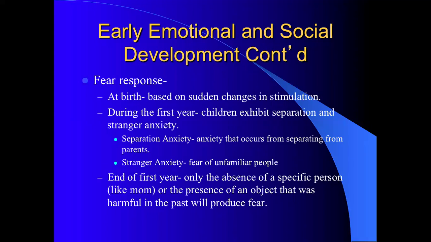So, stranger anxiety might occur when a coworker comes over to the house and the infant hasn't seen this coworker, so they might be triggered with some kind of anxiety response. The good news is it usually goes away by 2 years old, right? By 2 years old, it's largely resolved.